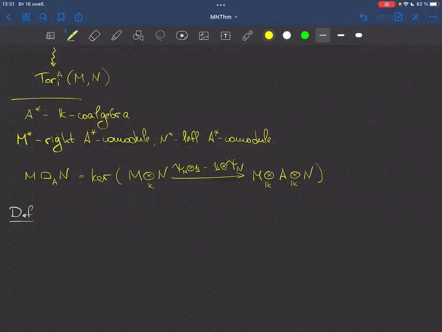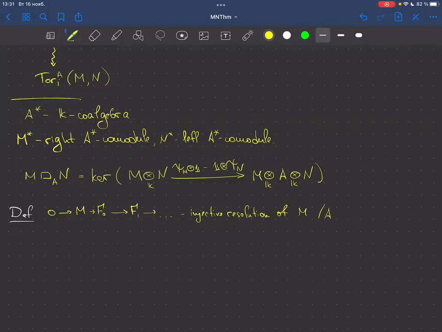Suppose you have an injective resolution of M: 0, F0, F1, etc. is an injective resolution of M over A.